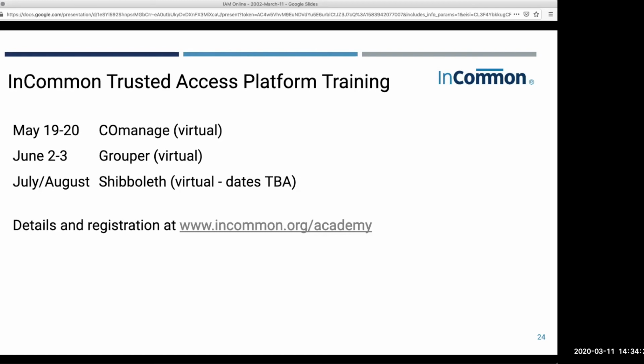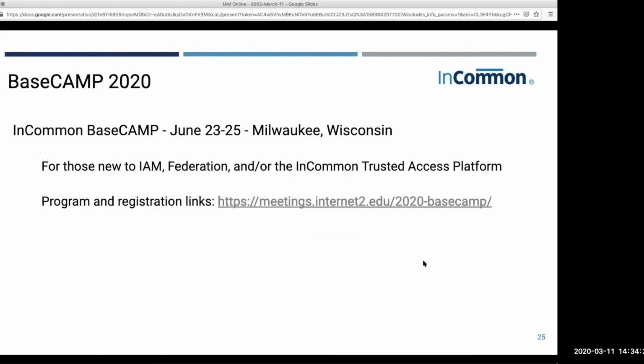So next slide. There's the base camp. Many of you are probably familiar with base camps and advanced camps. This one, at this point, is still scheduled to be face-to-face in person in Milwaukee, June 23rd to 25th. It's great if you're just getting started with this or in the early stages of wanting to know more about either the components or the packages or the integration of them.